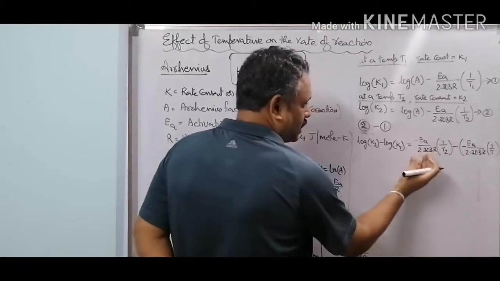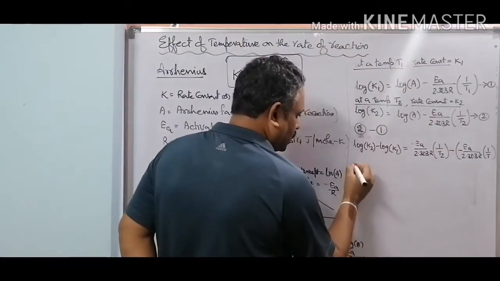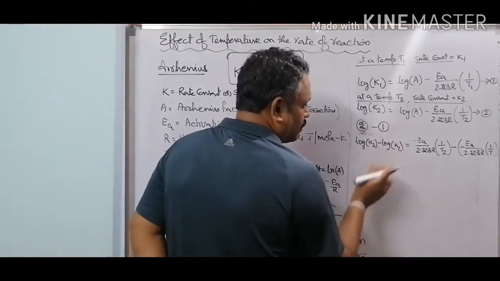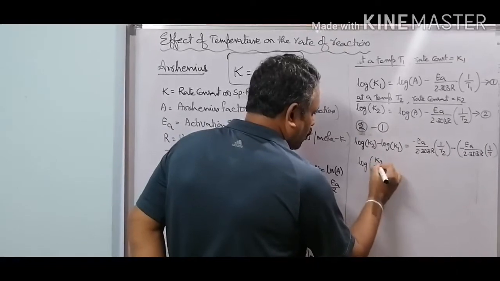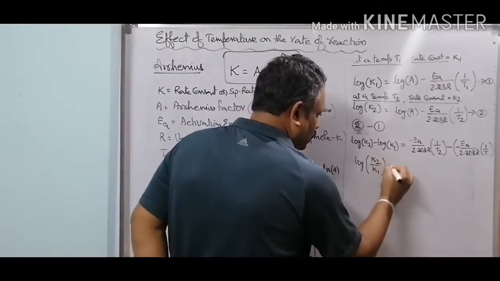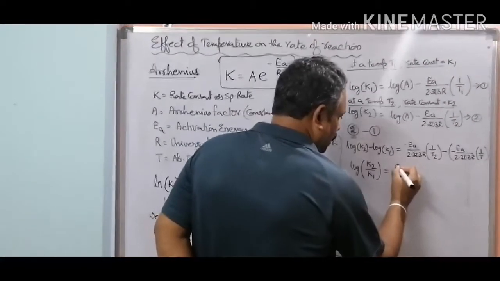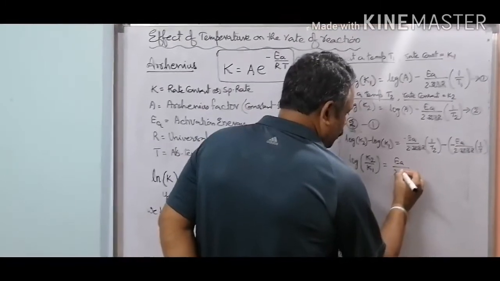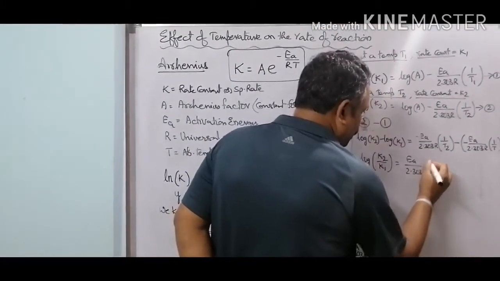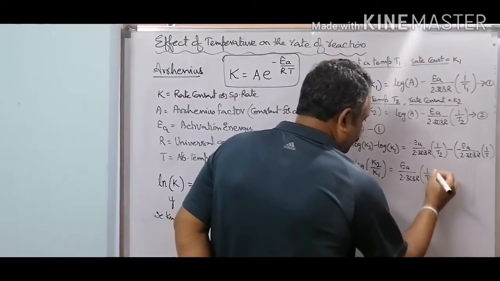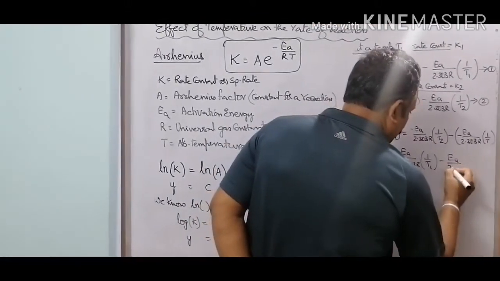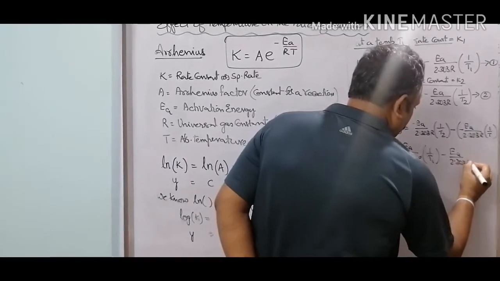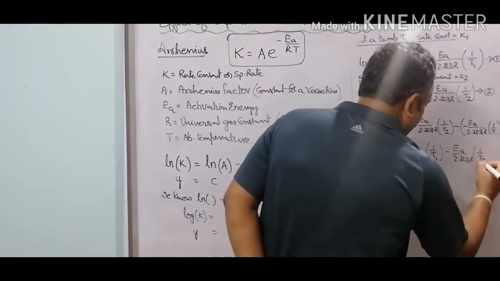So I put the plus term this side and I send the negative term to the other side, and this is log A minus log B. So I'll write it in the next step as log of A by B, and EA by 2.303 R into 1 by T1 minus of EA by 2.303 R into of 1 by T2.